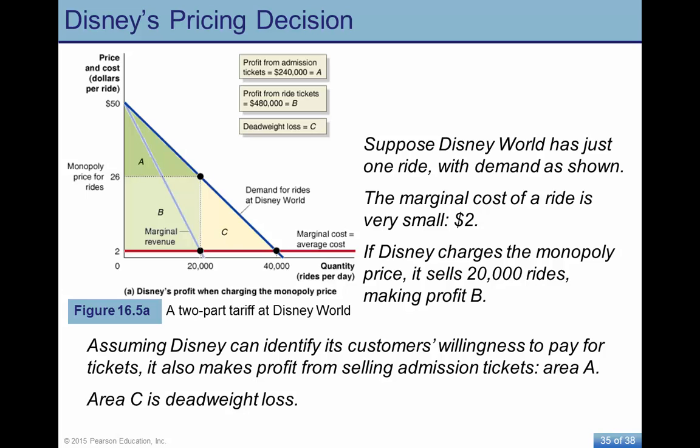Assuming Disney can identify its customers' willingness to pay for tickets, it also makes profit from selling admission tickets. Area A, look at here, admission tickets, $50. Area C is deadweight loss.